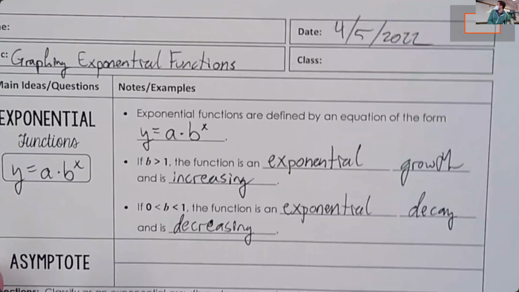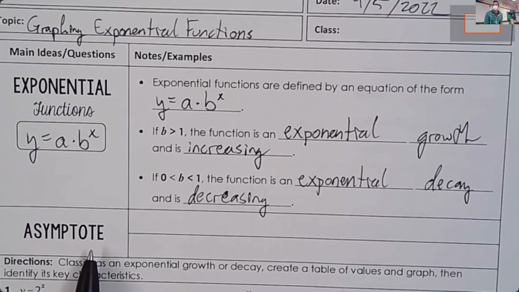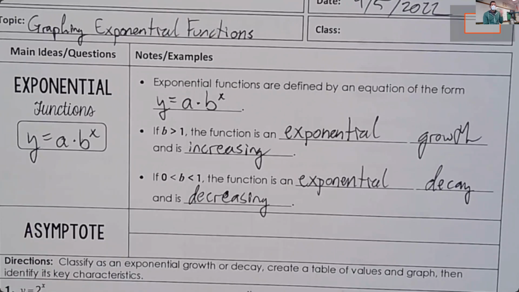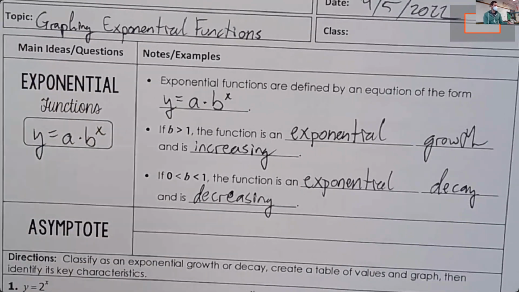And this last word here is what is called an asymptote. Anybody heard that word before? No? All right. It's kind of a funky word, but it's a pretty simple concept.